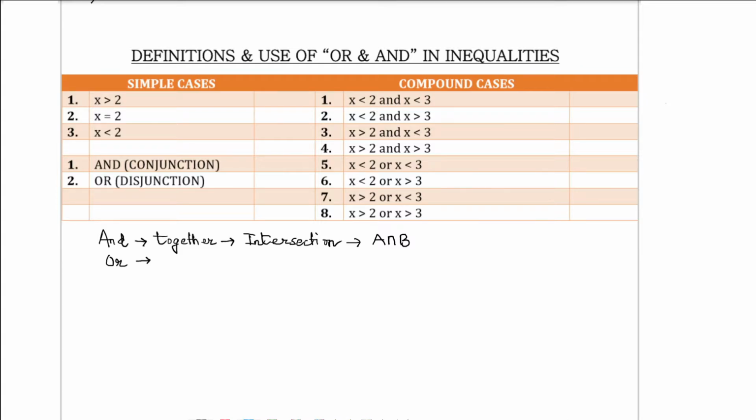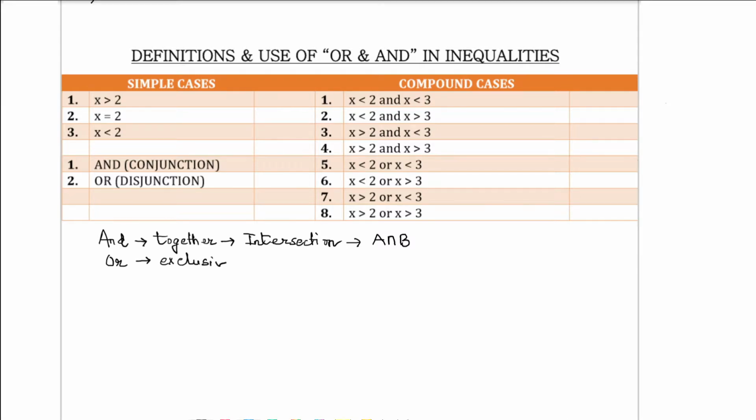Plus, at the same time, whether you do it alone or you do it together is not the point of consideration ultimately for the work to be completed. The work should get completed. So at least one of them should complete the work. So "or" here symbolizes what? Exclusivity. Exclusive of.